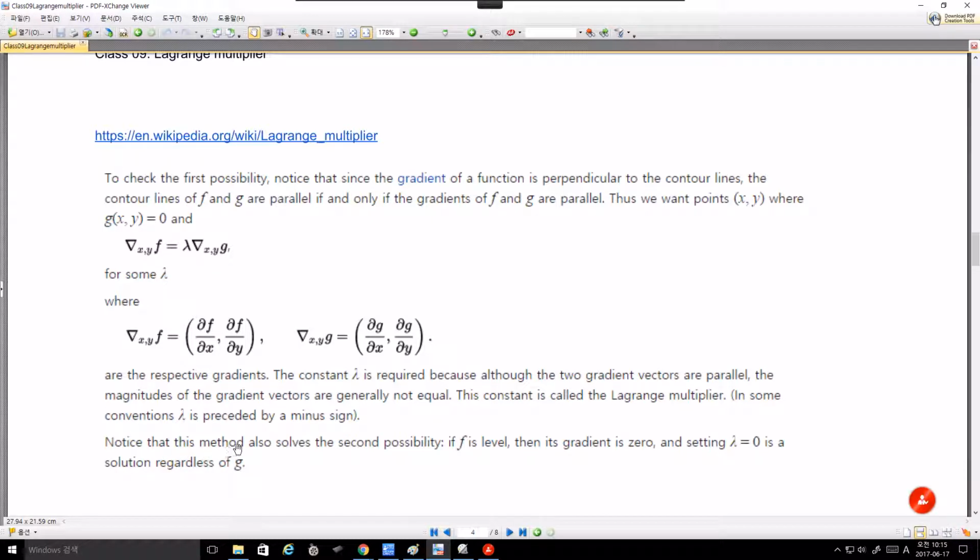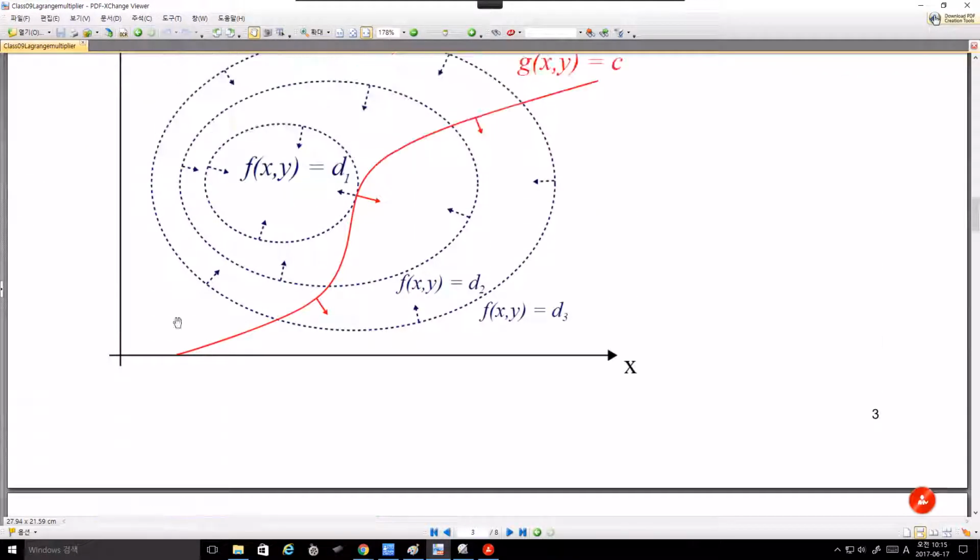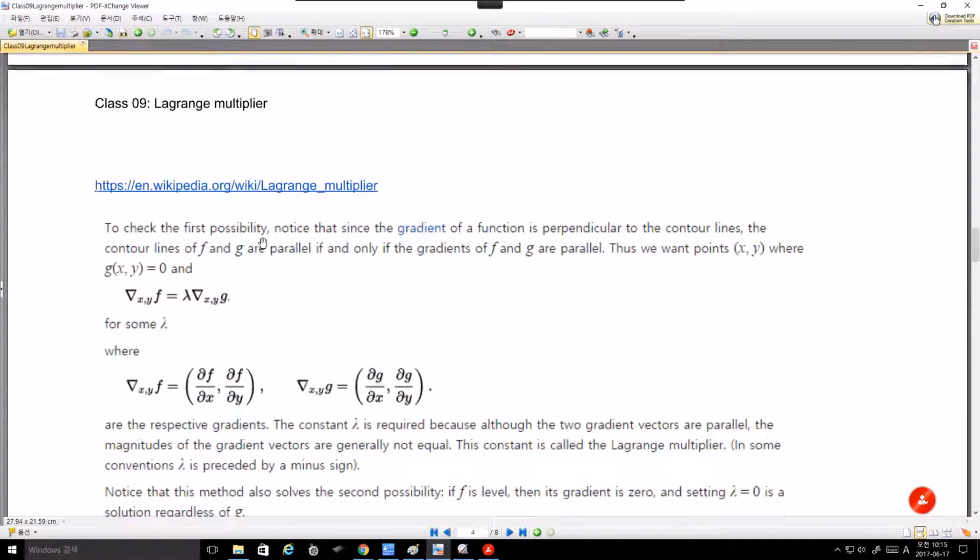Notice that this method also covers the second possibility. If f is level, then its gradient is 0, and setting lambda to 0 is a solution regardless of g. This happens when f attains a global maximum; by chance, the constraint will pass through the highest point.